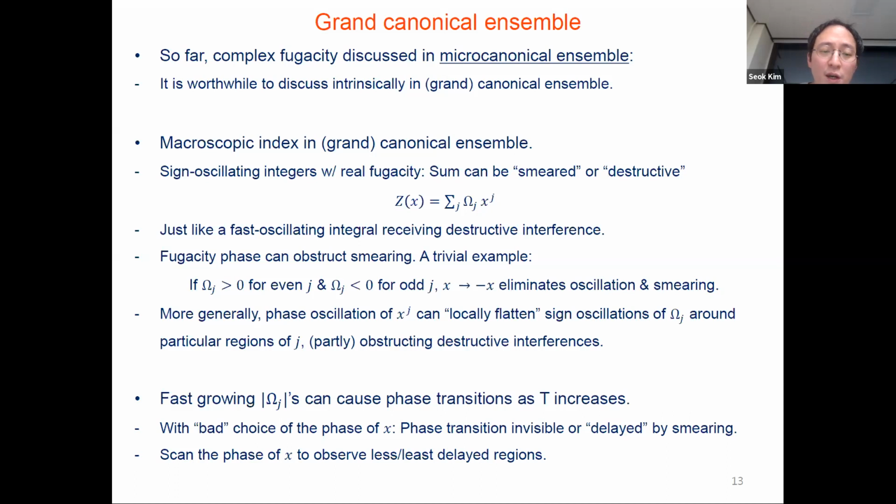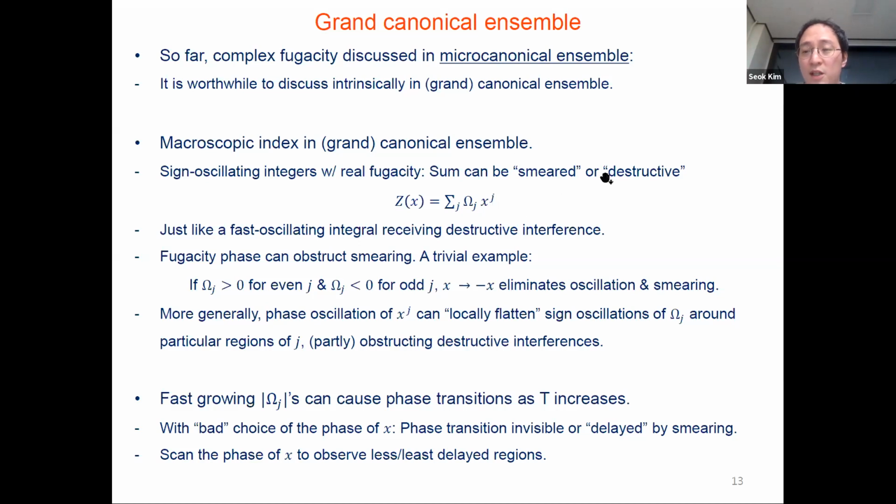Then my intuition is that a fast oscillating integrand is receiving severe destructive interference, so that the integral becomes small. I think the summation of fast oscillating terms, even though individual terms are large, could be severely underestimated due to the cancelling, or more properly the smearing of nearby terms.